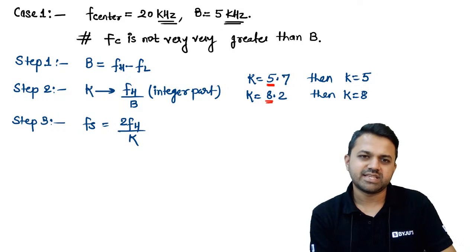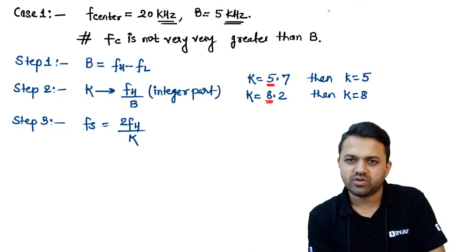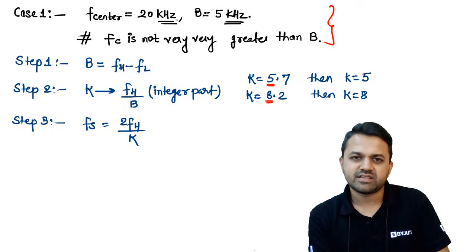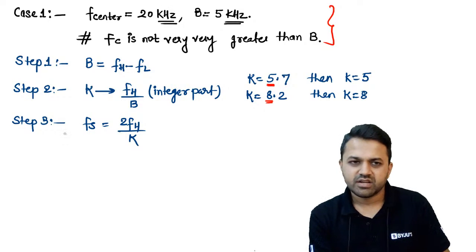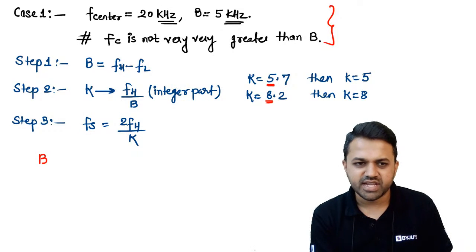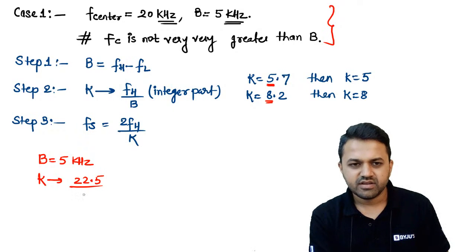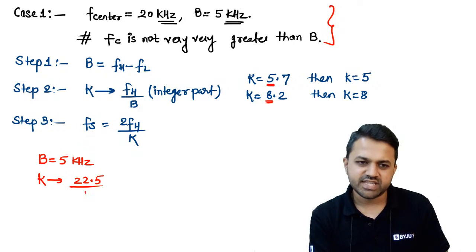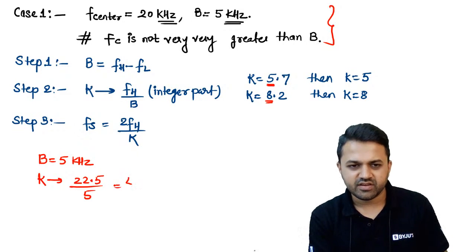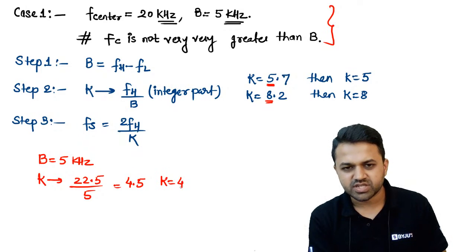So let's apply these steps in the present scenario, because this is the case when FC is not very much greater than B. What is B? B is already given, which is 5 kilohertz. What is the value of K here? K is FH upon B. The highest frequency was 22.5 and the bandwidth is 5, so you get 4.5. So what value of K will you choose? K is equal to 4.